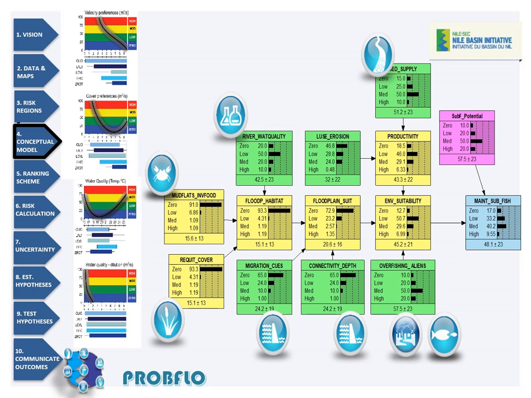For mudflats and invertebrates, we would have information from the invertebrate component of the Bayesian network assessment, and that itself would be based on a whole lot of biophysical drivers that influence the suitability of the environment for invertebrates as well as for fish. For migration cues and connectivity depth, we had hydraulic data itself, which provided information on the depth and the habitat characteristics required to maintain those particular characteristics.